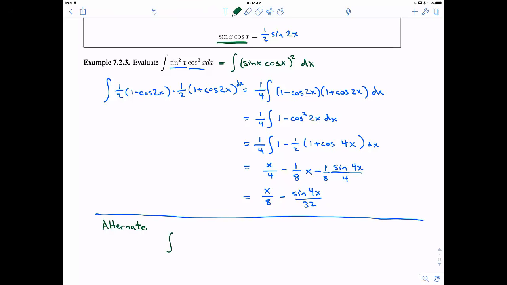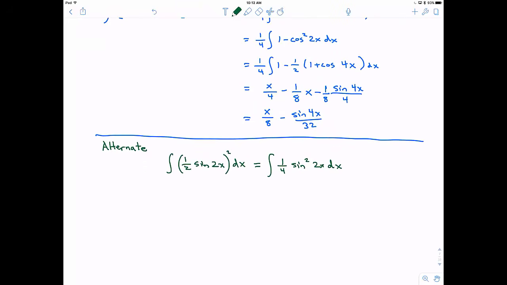So if I apply this twice, I'm going to get 1/2 sine of 2x, that quantity squared. So when I square that, I'm going to get 1/4 sine squared of 2x. And now I can use my sine identity.